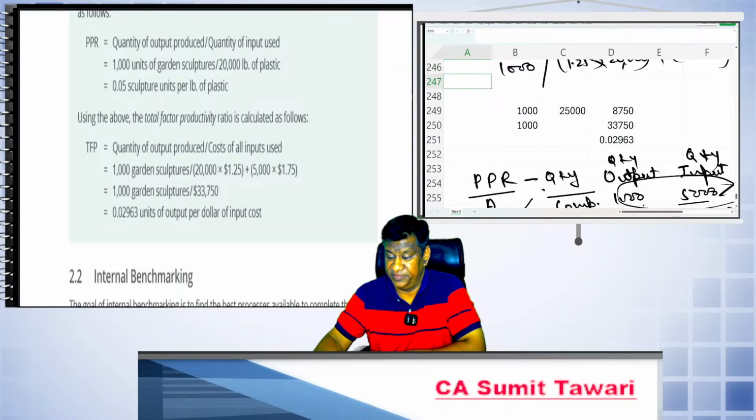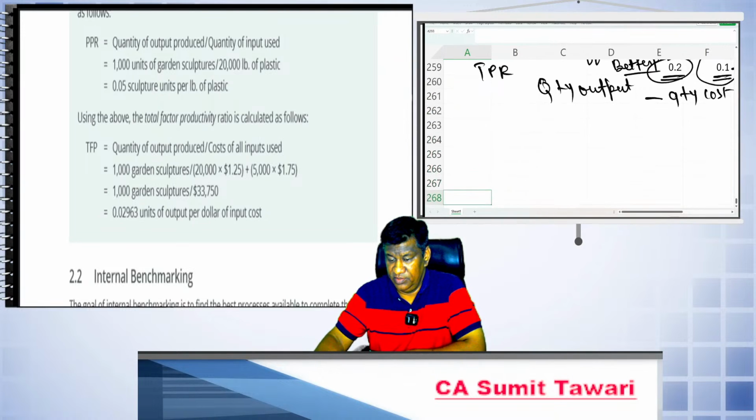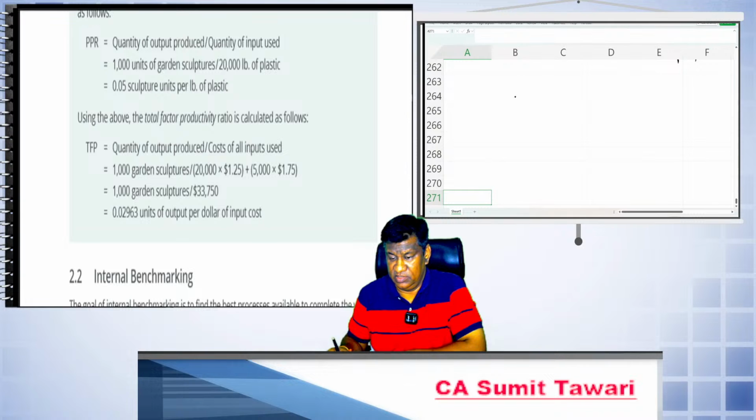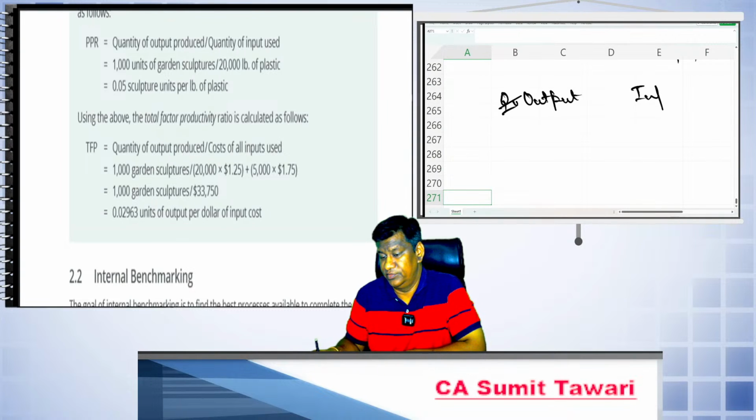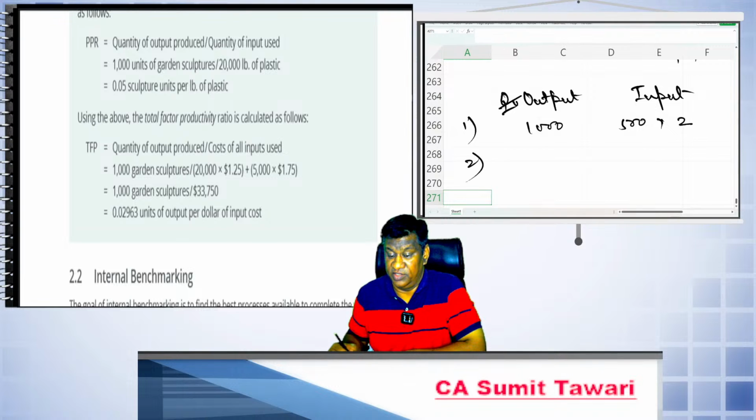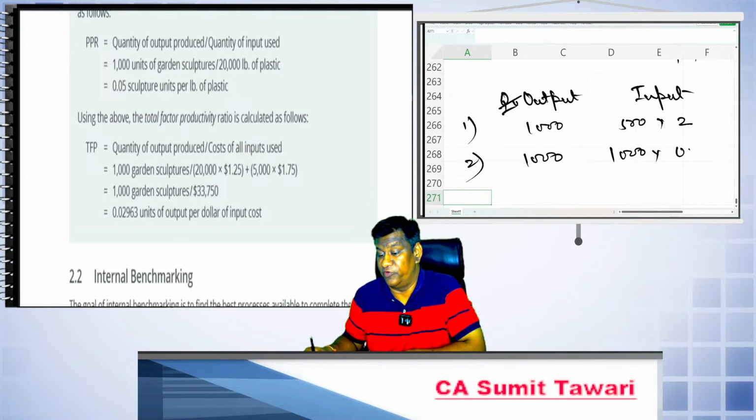Means if one company is producing 1000 quantity with 500 quantity of input, multiplied by 2 as the rate, the other company is also producing 1000 quantity, but they need 1000 input multiplied by 0.5 rate.